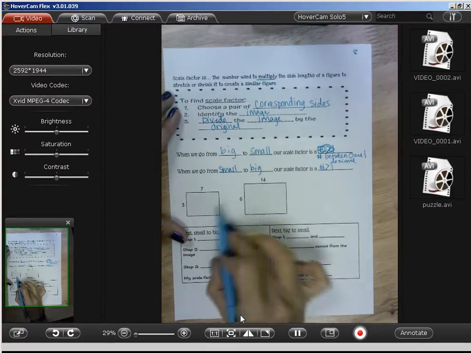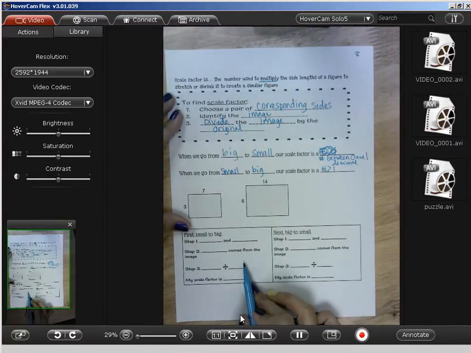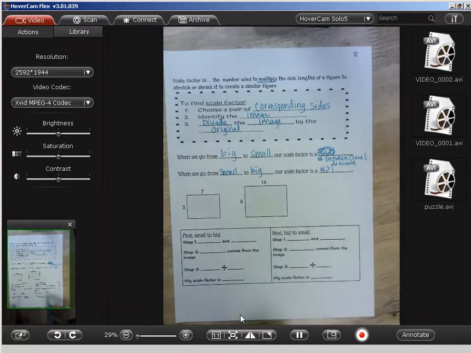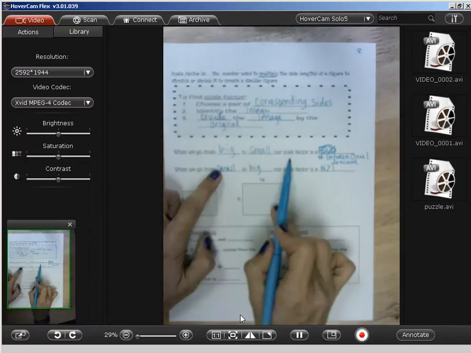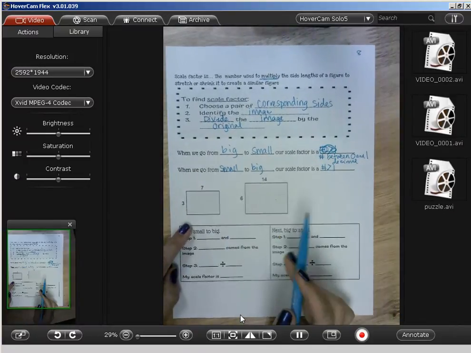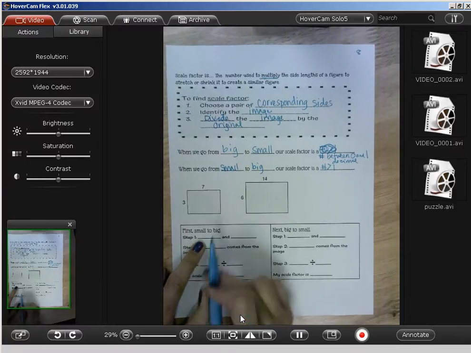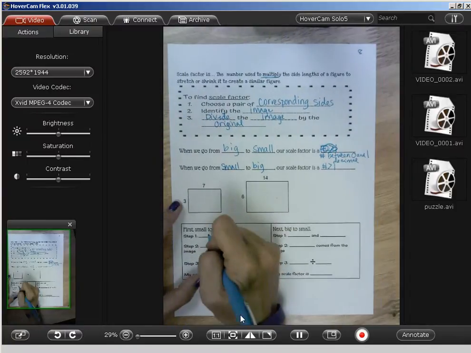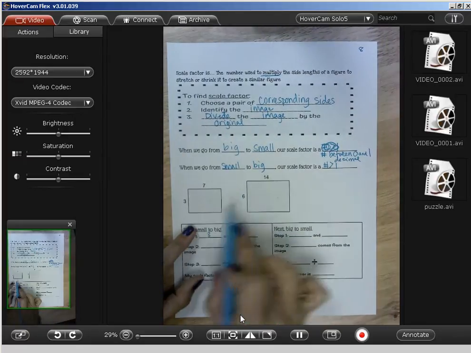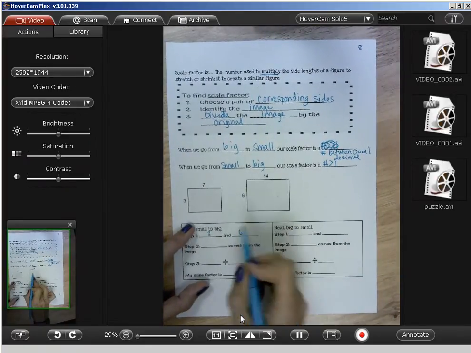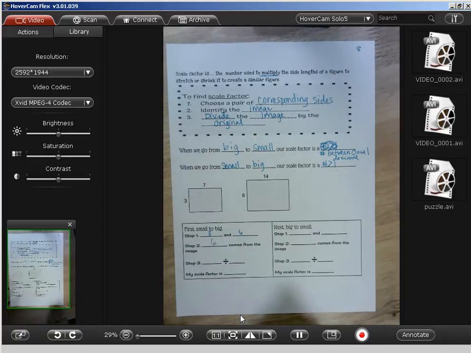Down here we have a couple of figures, and we're going to find the scale factor going both directions. First, we're going from small to big, so I should end up with a number larger than 1. I'm going to choose my corresponding sides, 3 and 6. Since I'm making the big one, 6 is my image.